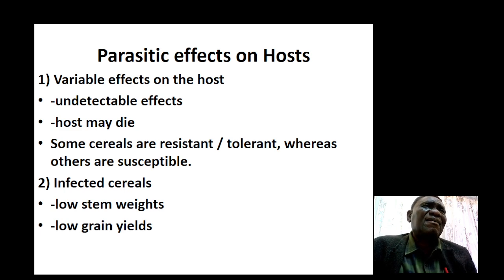If the plant is susceptible, or crop is susceptible, the host may actually die. So you have some cereals which are resistant or tolerant, whereas others are susceptible. That's why there is this variation in response. However, infected cereals, if the plant is susceptible, can have low stem weights and low grain yield.